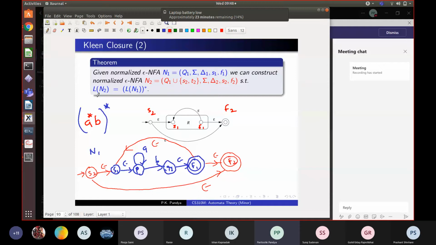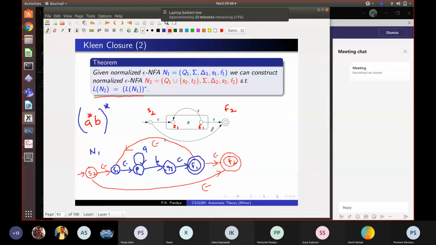We will see why it recognizes this language in a moment. But is the construction of the Kleene closure of an epsilon NFA clear? We just have to add two states and add these four red arrows that I have added in this diagram, right?